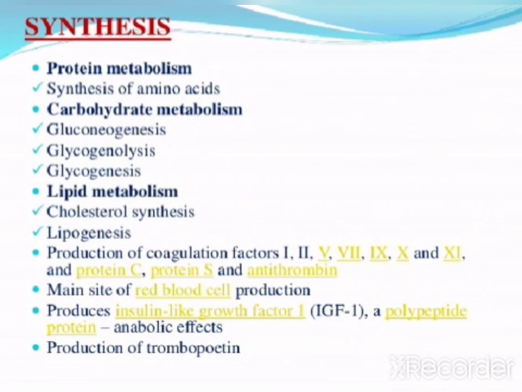Now the synthesis function is protein metabolism, synthesis of amino acids, carbohydrate metabolism, gluconeogenesis, glycogenolysis and glycogenesis. Then lipid metabolism by cholesterol synthesis, lipogenesis, production of coagulation factors like 1, 2, 5, 7, 9, 10, 11 and protein C, protein S and antithrombin.